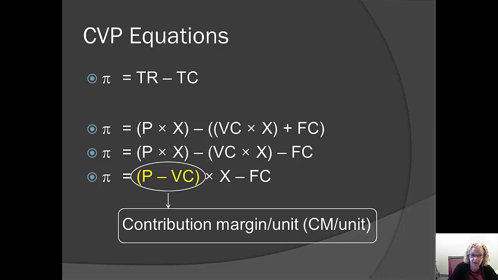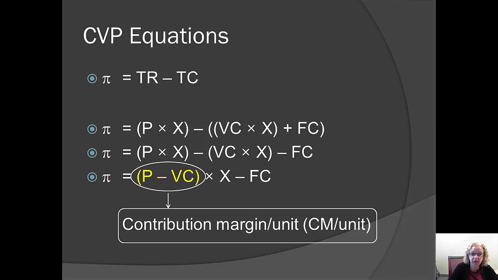Now, this term, price minus variable cost, is our contribution margin per unit. In other words, whatever price we sell our units for minus whatever variable cost that unit incurs equals the contribution margin for that unit.